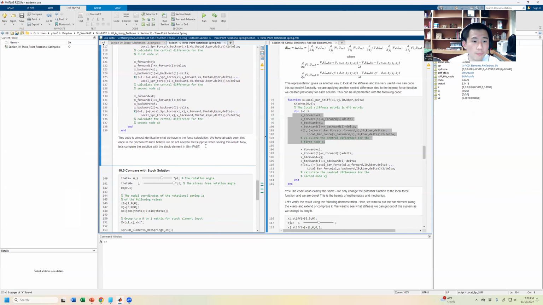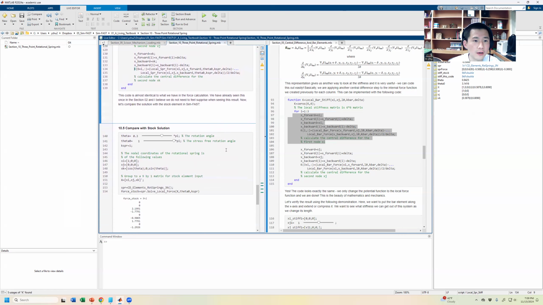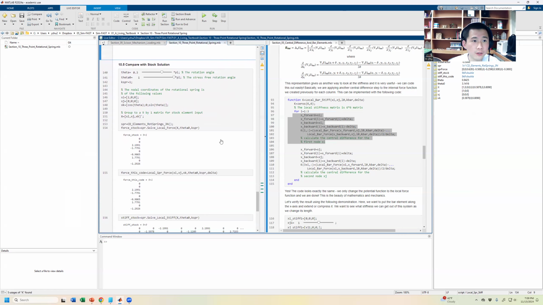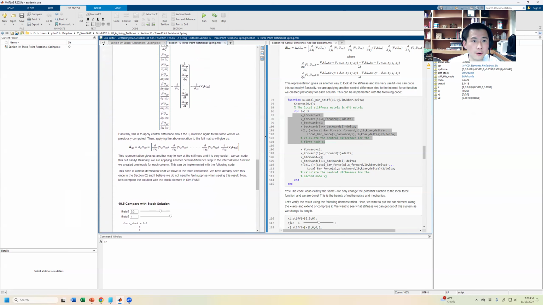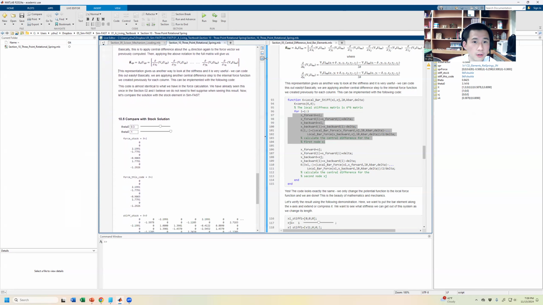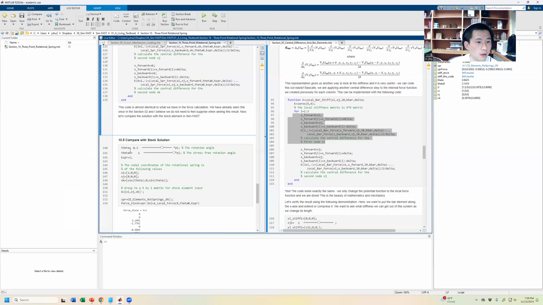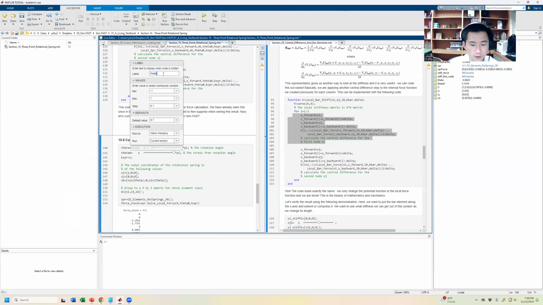So nothing too crazy. And with that, let's try to compare the result of what we just did here with the stock element in this particular package. I think this one is theta, so let me change that to theta.